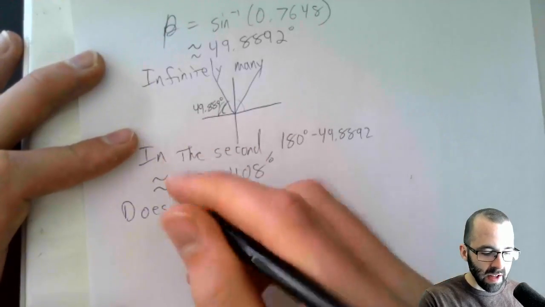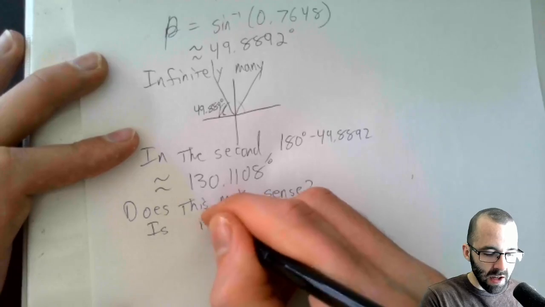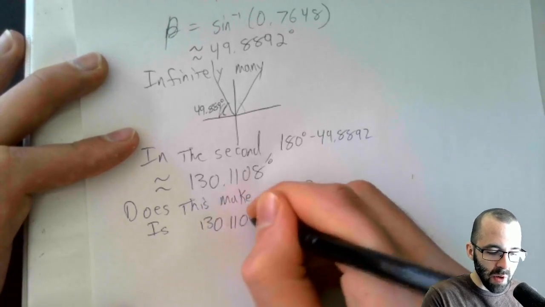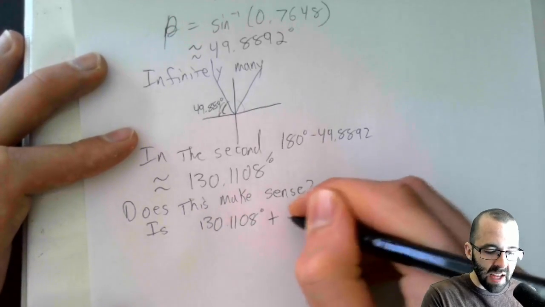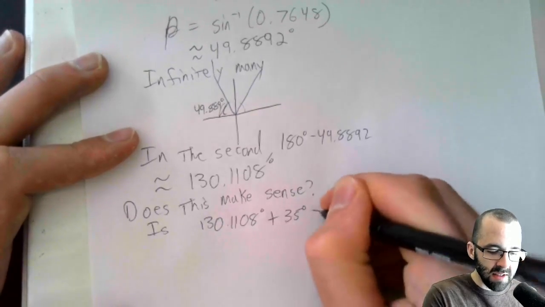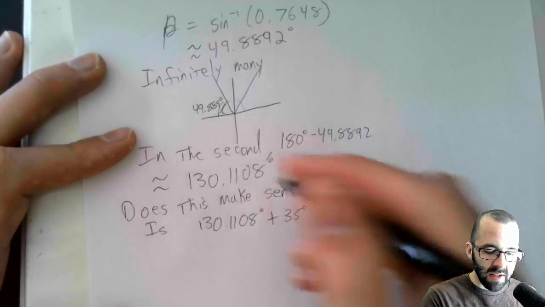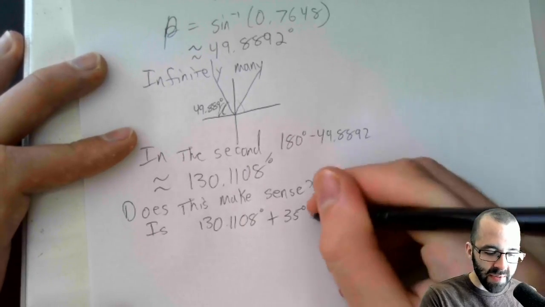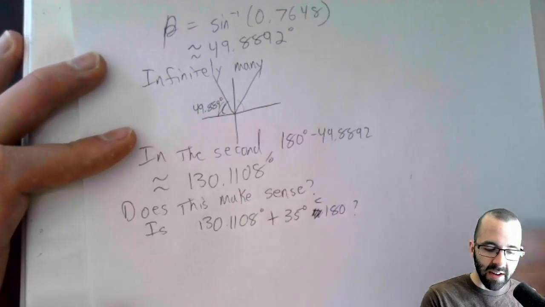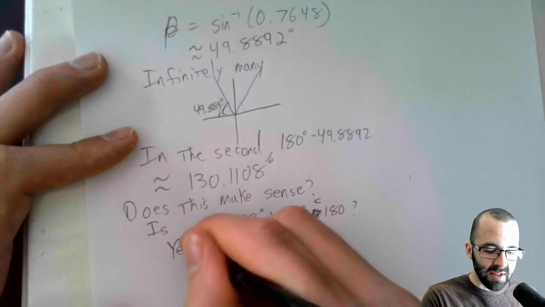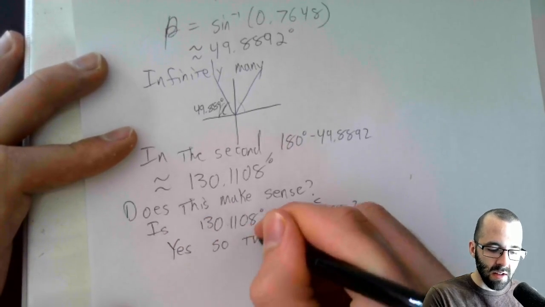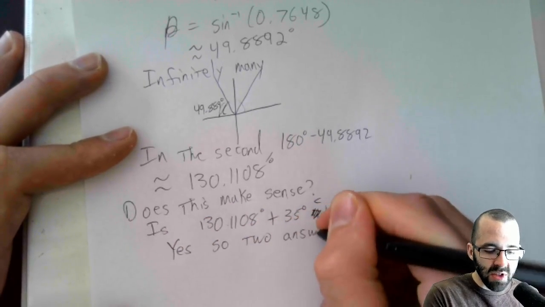We need to say, okay, is 130.1108 degrees plus alpha, which is 35 degrees, over 180? Sorry, we should phrase it, is this less than 180? And the answer is yes. So we're going to have two answers here.